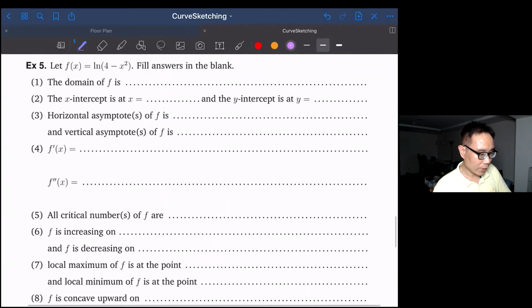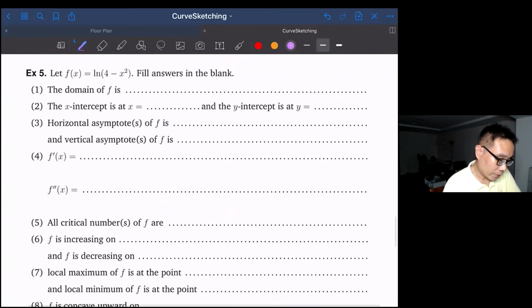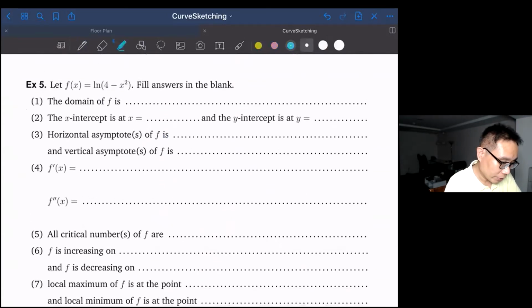The next one, again, you have a function given by, in this case, log of 4 minus x squared, and we're going to find the domain of the function. For the domain, if you recall, the domain of the log function requires that the thing behind the log must be positive.